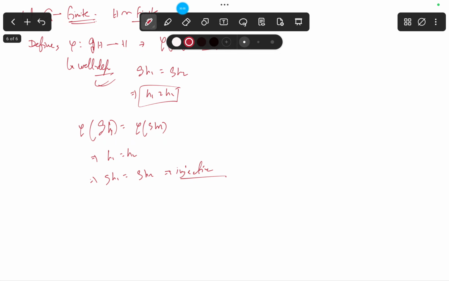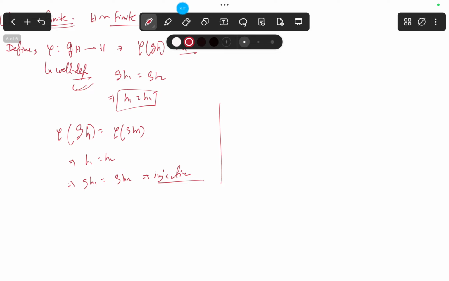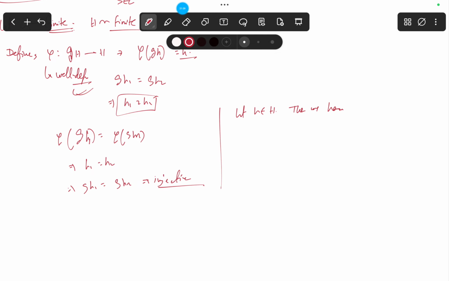And for the surjective one, let small h be in capital H, then gh is in small g times capital H, and phi of gh is your h. So it is surjective.